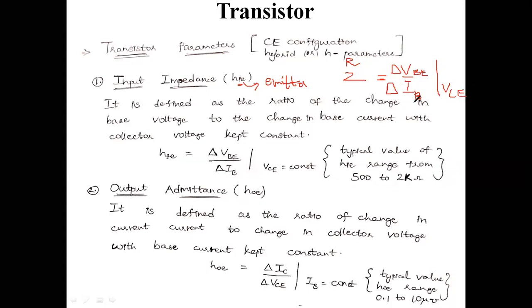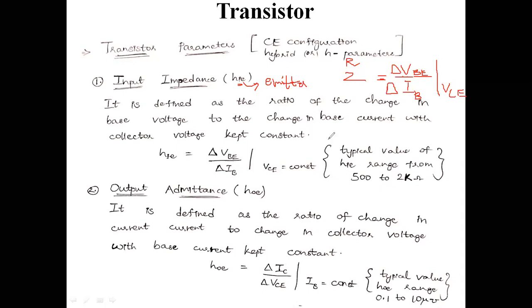It is the ratio of change in base voltage to the change in base current, with collector voltage kept constant. This is the term we will note down as input impedance.